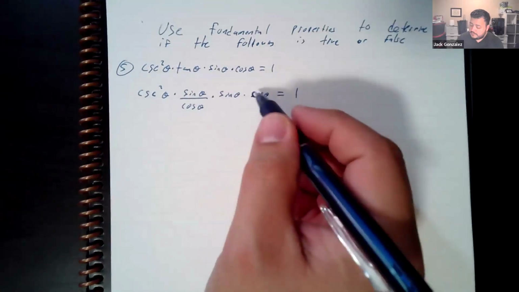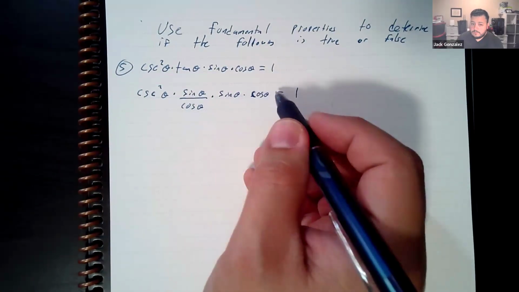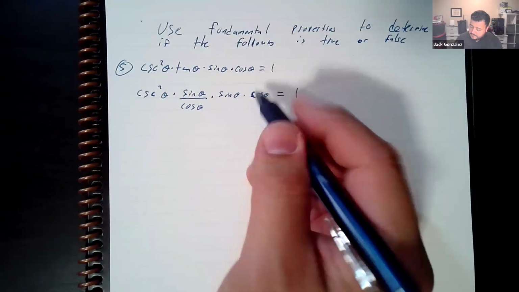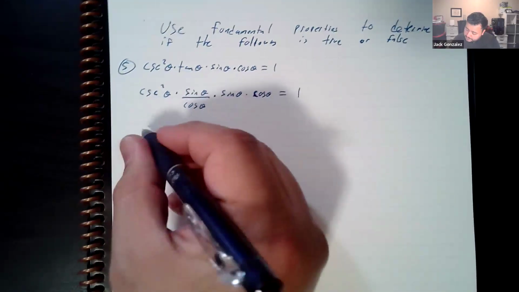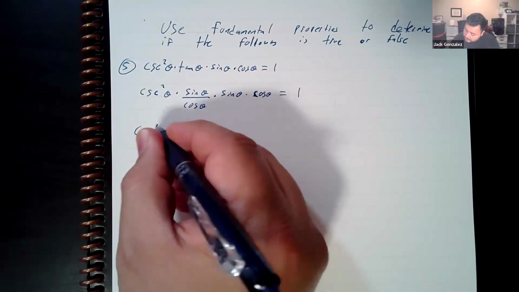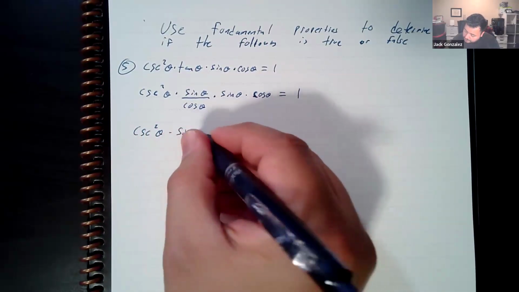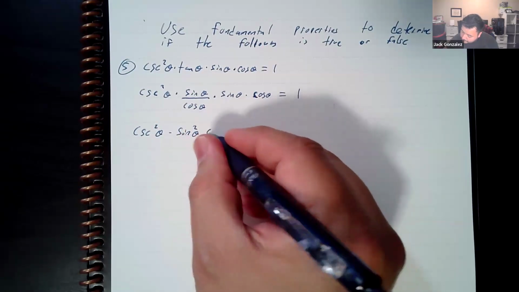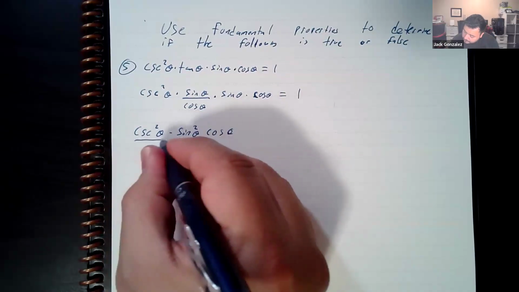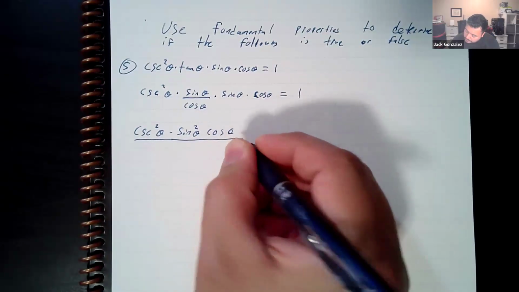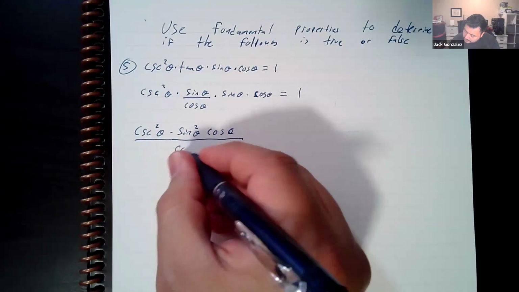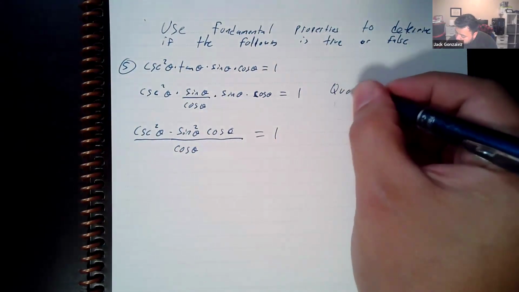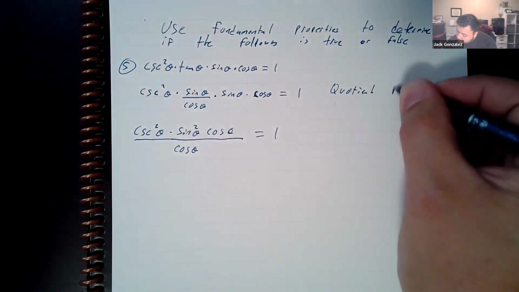Do you agree that these cosines will cancel? If you don't see it, if you multiply everything together, everything would end up on top. This would become a sine squared. And that's it. Cosine stays down there. So that's the quotient property that we applied here.